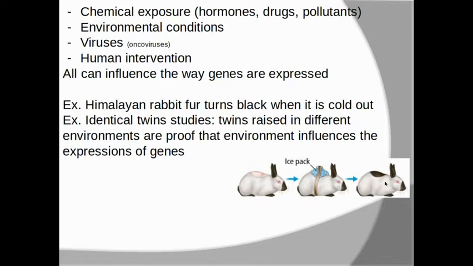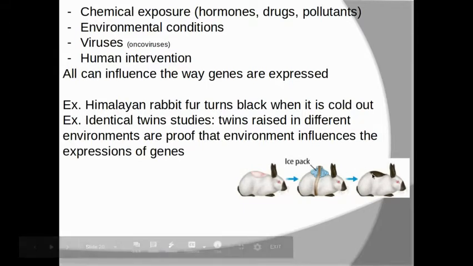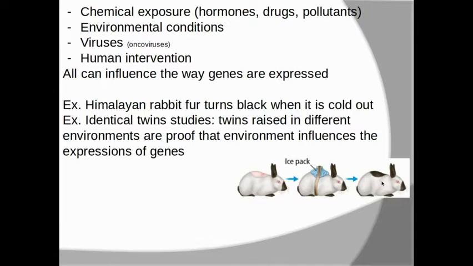So, the rabbit has black fur on cold areas of its body. So its ears are cold, its nose is cold, its feet are cold. Its back wasn't cold until we put the ice pack on there. And that switched on a gene.